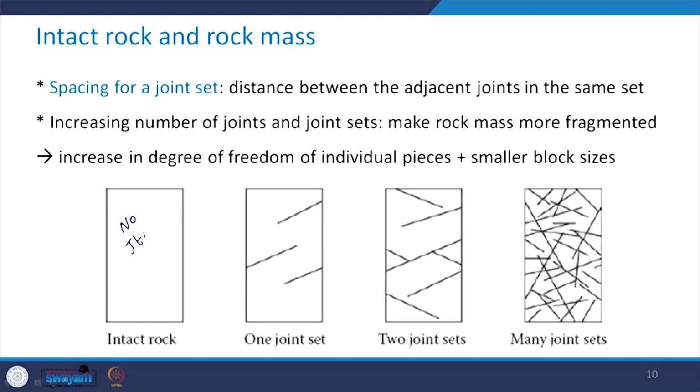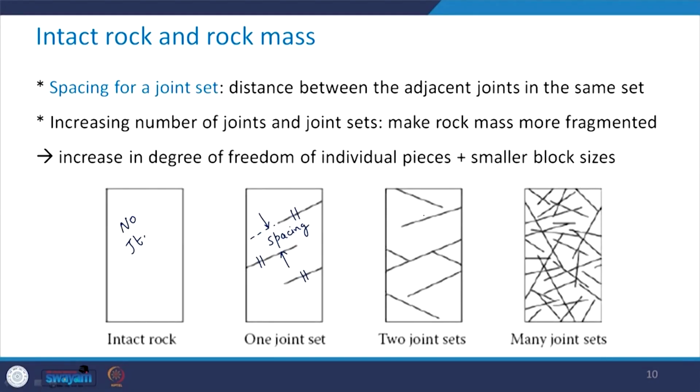How do we decide that it is one joint set? You see all these joints are approximately parallel to each other. Now how am I going to determine the spacing for a joint set? If I extend perpendicular to this, that is the shortest distance between two adjacent joints, this is going to be the spacing.